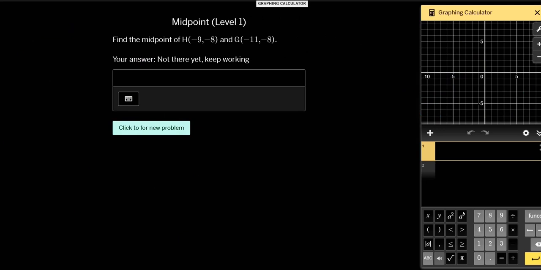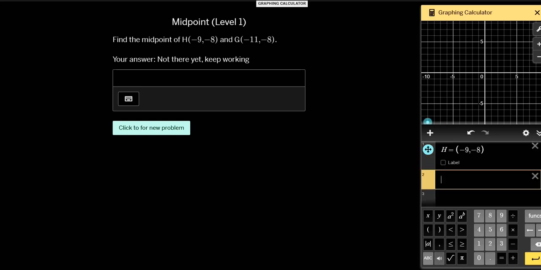And before we move on over to distance, one quick thing I want to show is how to do some of this on a calculator. So if we're dealing with the Desmos calculator specifically, if we're dealing with trying to find midpoint, in my calculator I can say h, because that's what it's called, is equal to, and then the coordinate that it is equal to. So negative 9, negative 8.